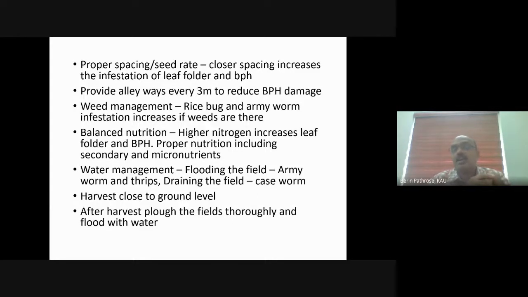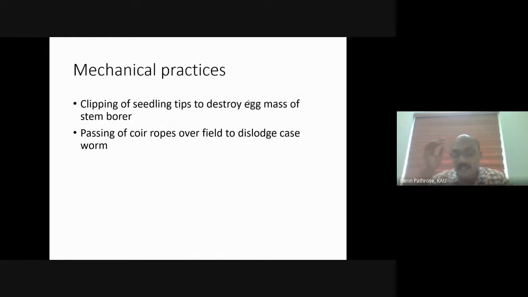Then once the crop is harvested, plow the field thoroughly and flood the water. Again, it will help to kill all the hibernating insects. So all these things we have discussed and I am just giving them in a point-wise manner so that you can easily write it in Excel.